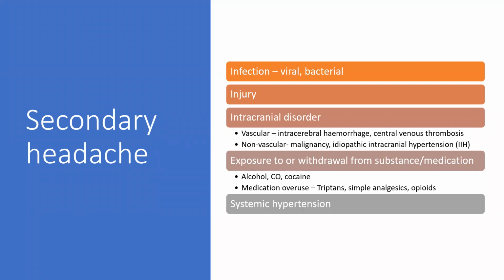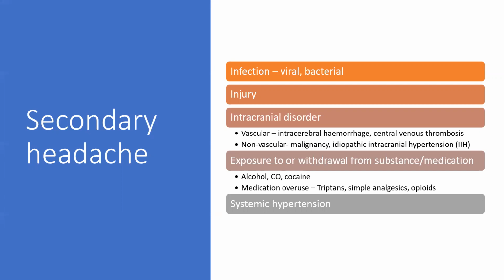So secondary headache, what are they? Infection, it could be either viral or bacterial causes, around all areas in the head and neck. Some of you already mentioned meningitis, meningoencephalitis, and there are also localized things like sinusitis, dental caries, dental abscess, temporomandibular joint problems, ear infection, eye infection and optic neuritis.